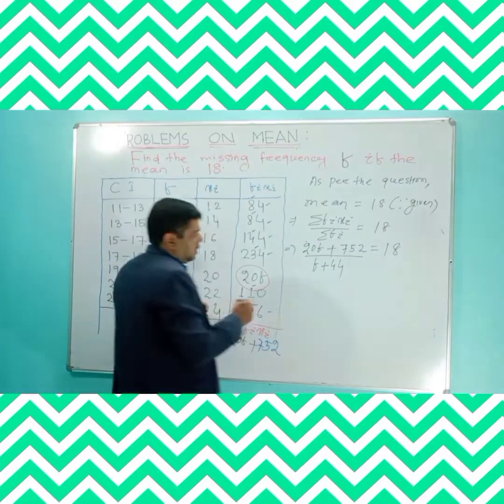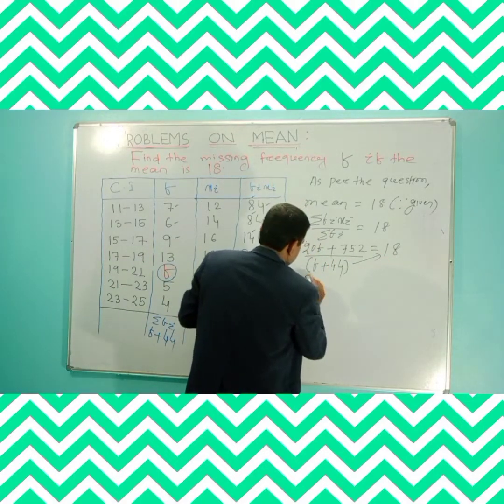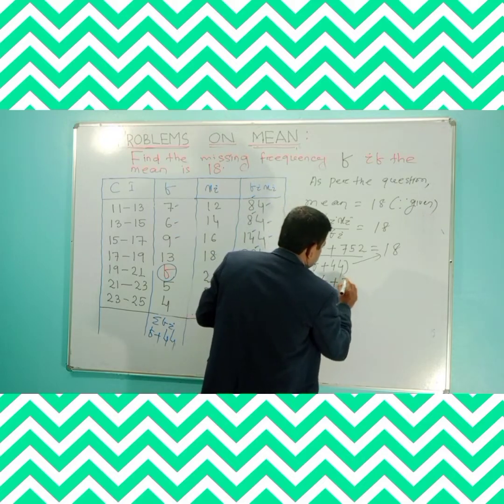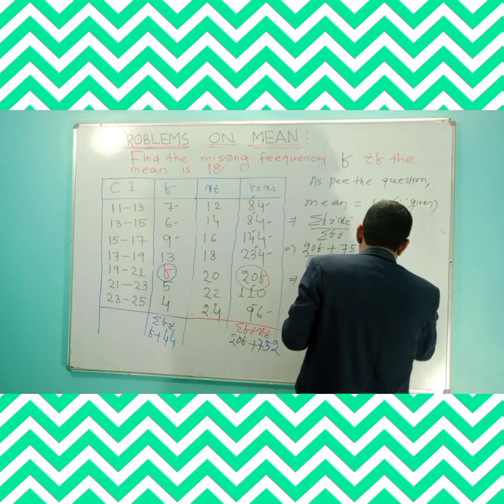Understand? Then after that you can transfer this value to the right hand side. It is 20f plus 752 equal to 18 times f plus 44.